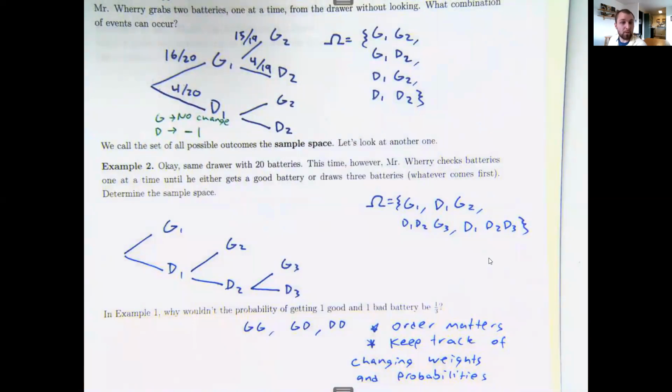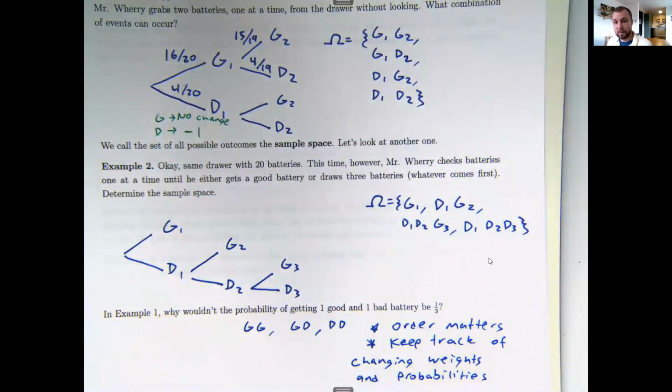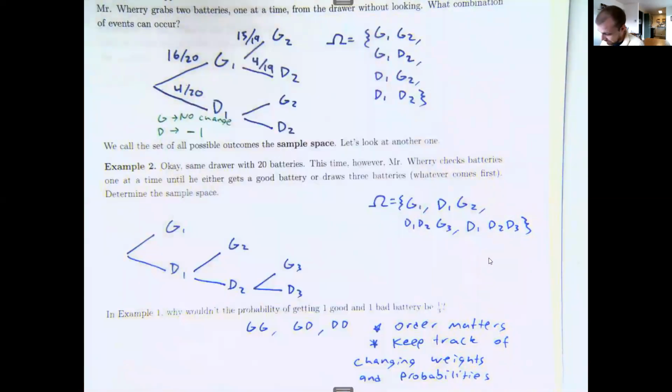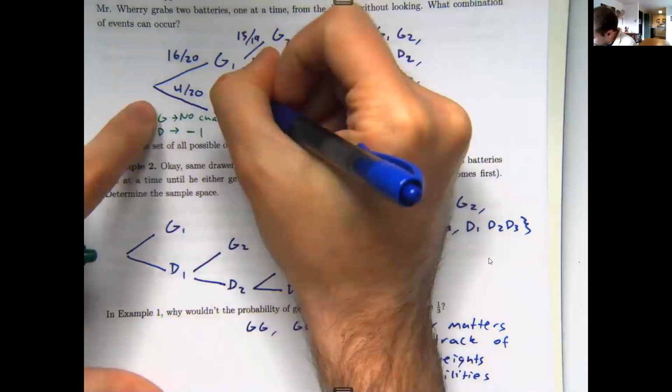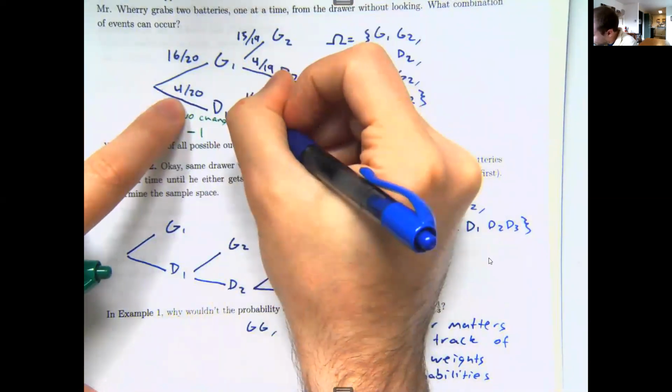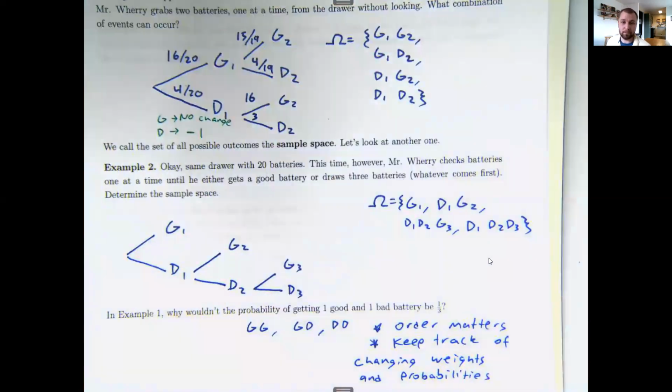As a result, the total would also go down by 1. So if I pull out a dead battery, I still have all 16 of my goods left. If I pull out a dead battery, I've taken away 1 of the 4, and I have 3 left.